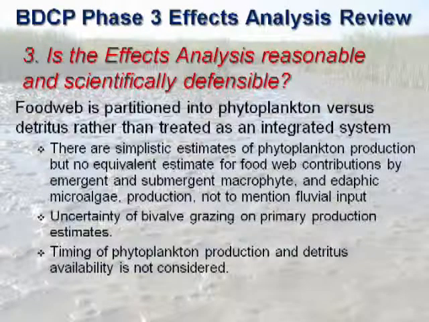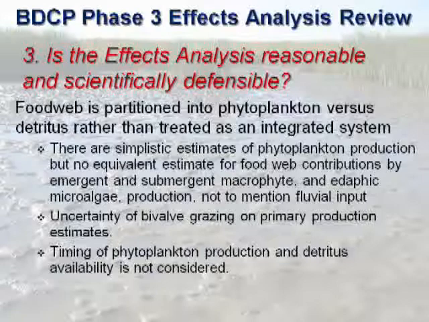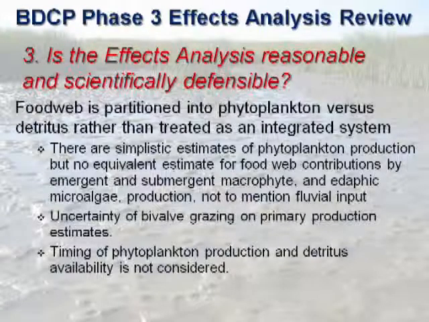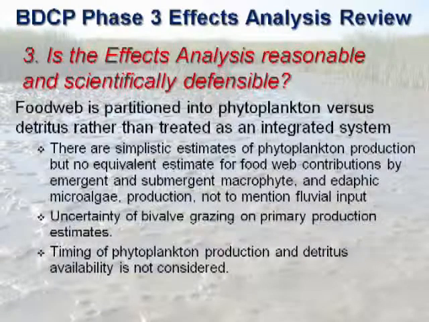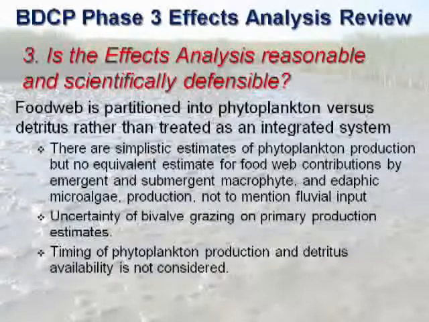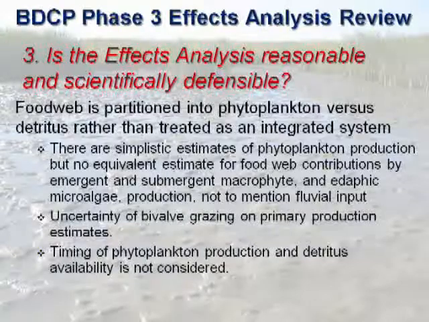Presently, the food web analysis is interesting. The conceptual model looks pretty good, but the food web right now is partitioned into phytoplankton versus detritus, rather than really treated as an integrated system in the analysis. It looks like the conceptual model's attempting to get at that, but still, there's a simple estimate of phytoplankton productivity, but we don't see equivalent estimates for contributions from other sources, submerged macrophytes, microalgae, and other detritus.